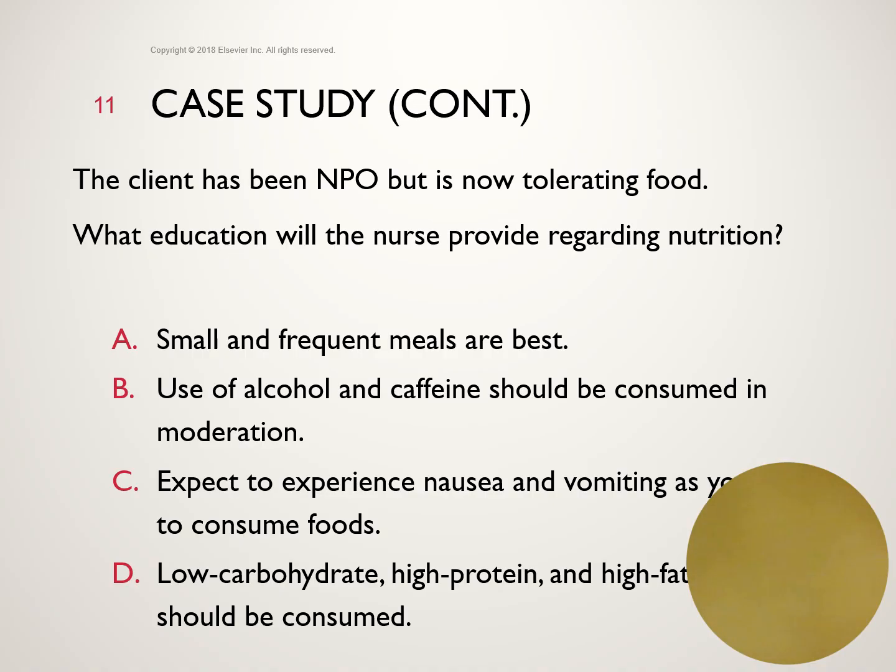Low carbohydrate, high protein, and high fat meals should be consumed. The correct answer is A. We're going to want high carbohydrates and low fat. We want there to be no nausea or vomiting. They should not be consuming alcohol or caffeine.